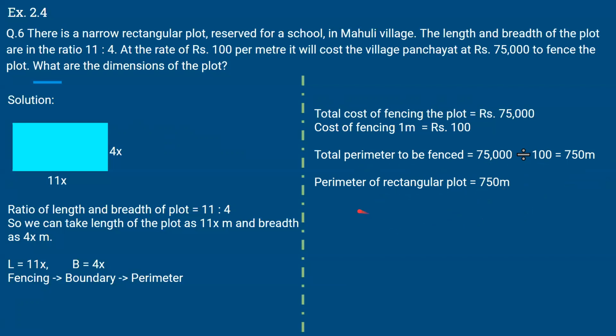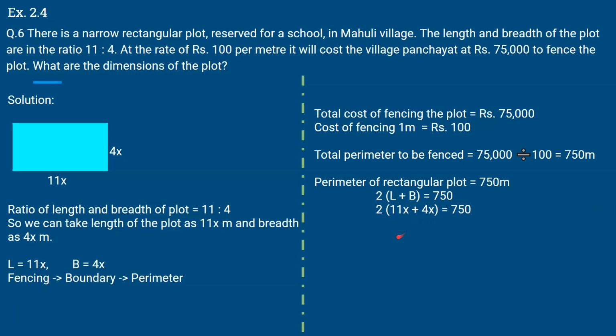And we know the formula for finding the perimeter of a rectangle, that is 2 multiplied by (L plus B) equals 750. That is, twice the sum of length and breadth will give you the perimeter. So substituting the values, 2 multiplied by (11x plus 4x) equals 750.